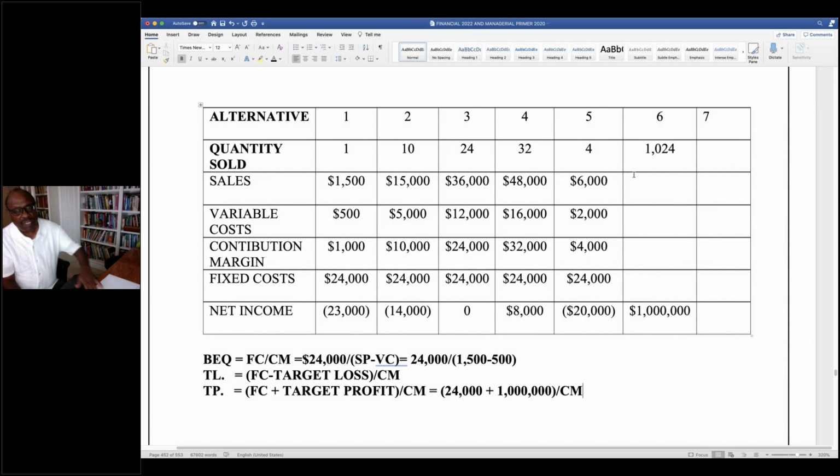Let's go ahead and prove it. 1,024 times 1,500 is what? 1,536,000. Shift outside: 1 million, comma, 536, comma, 000.